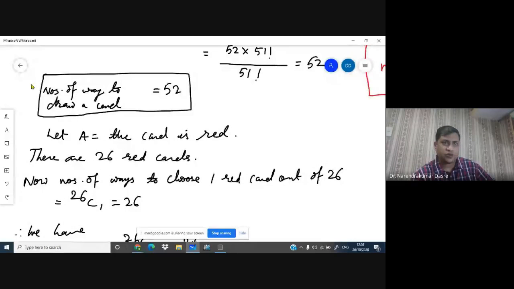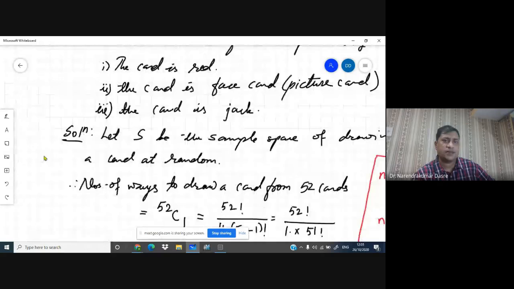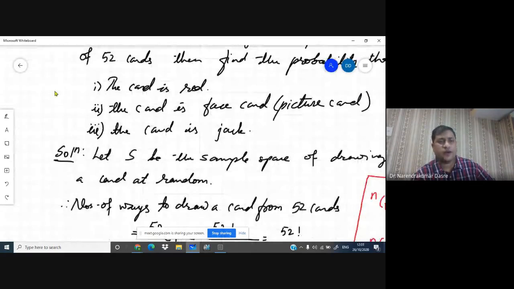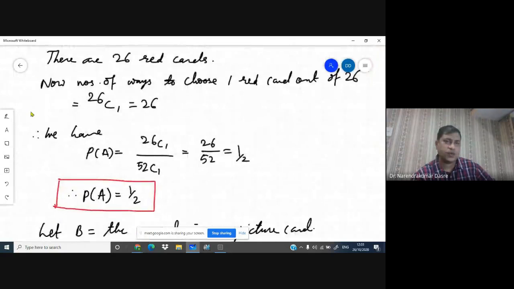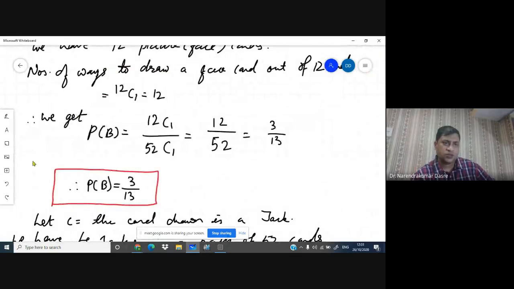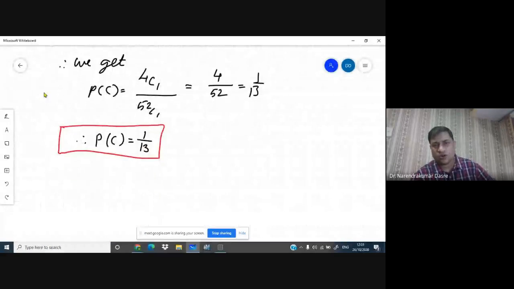If I want to write the sample space, I have to write all four suits, then the red color, then the black color, and then the picture cards. Writing the sample space becomes tedious, and that's why we use this idea. We use the combination, that means we select the things out of the given things, and then we find the probability as usual.